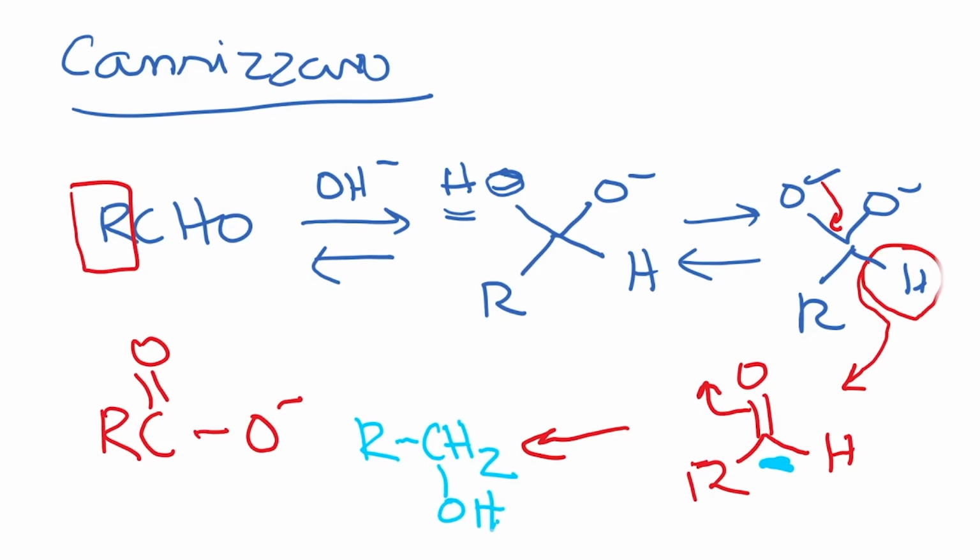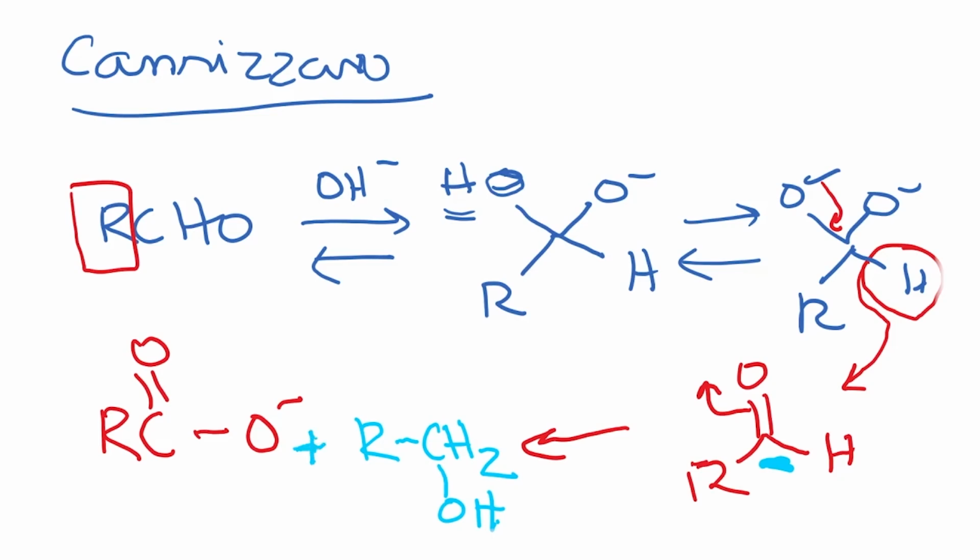But what essentially happens is that with a non-enolizable compound such as formaldehyde, you get this kind of a reaction where you form this tetrahedral intermediate, and then there is a migration of hydride to the original aldehyde that is formed, and you get a mixture of the carboxylate as well as the alcohol.